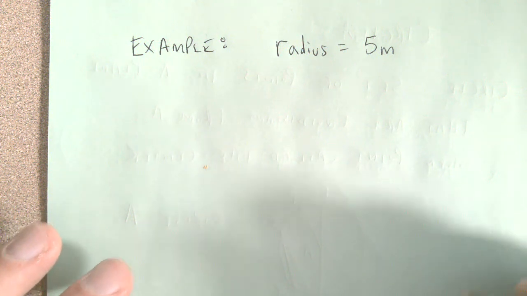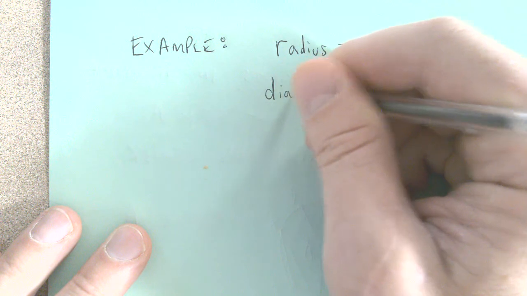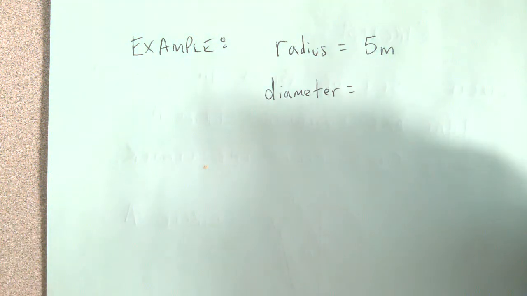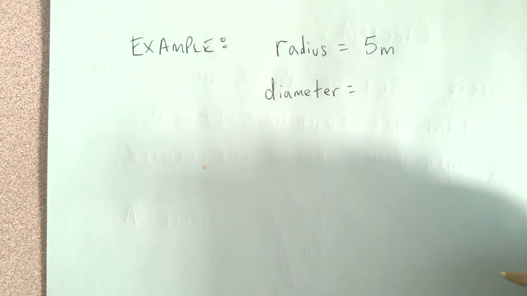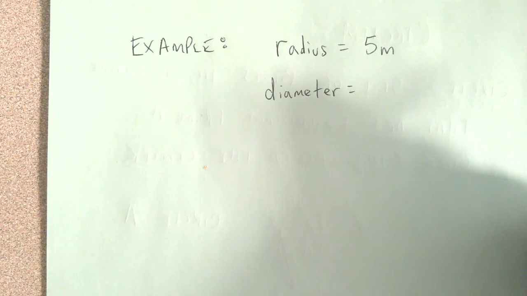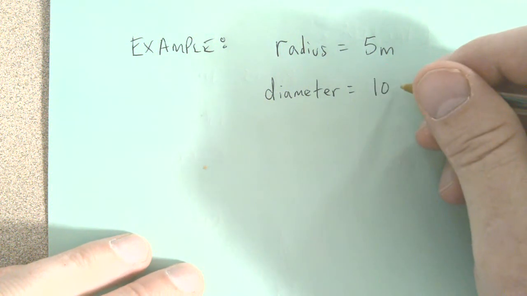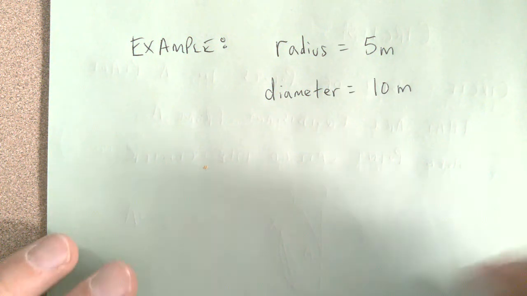If the radius is 5 meters, can somebody tell us what the diameter would be? Bryce? 2.5. Not 2.5. Lexi? It'd be 10. So remember, the diameter is twice as big as the radius. We're going all the way across the circle for the diameter.